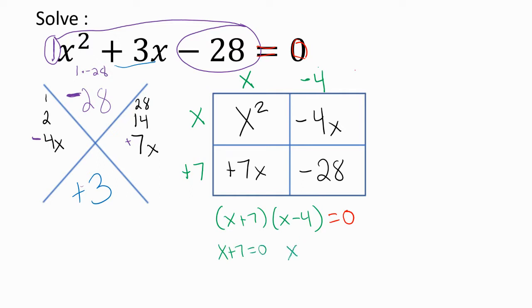Set this x equal to 0. So x equals negative 7, because you got to subtract 7 from each side, and x equals positive 4. And so we just solved where this graph would cross on the x-axis, which would be at negative 7, 0, and at 4, 0.